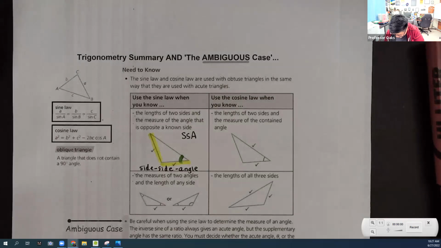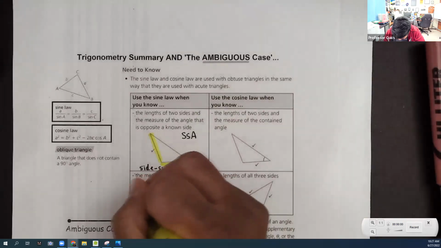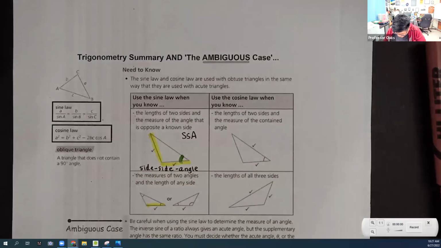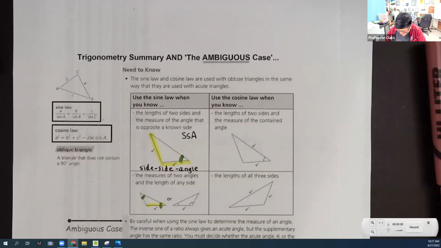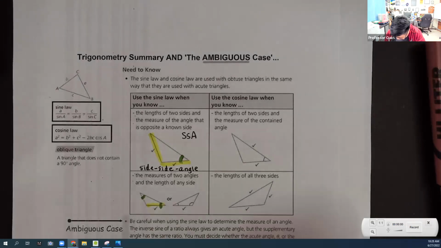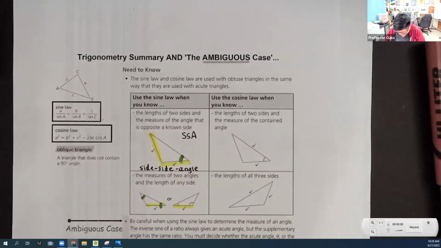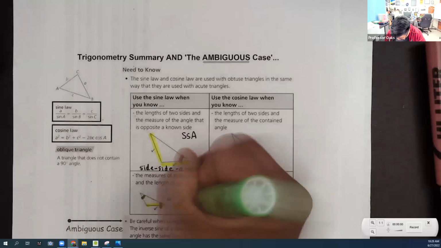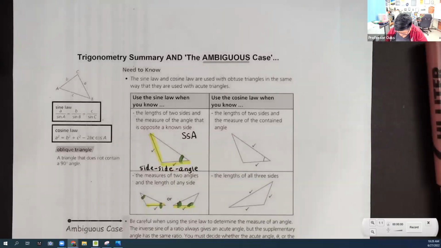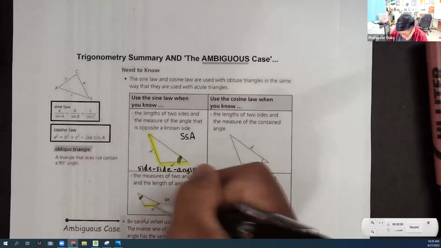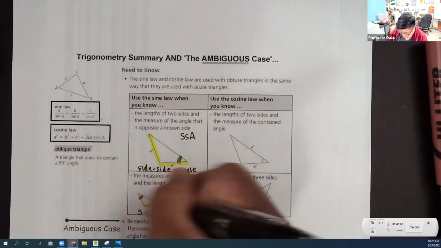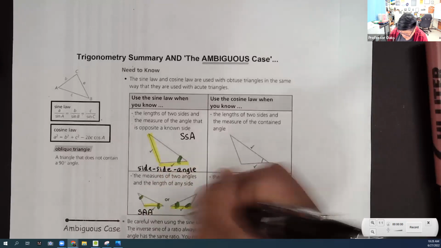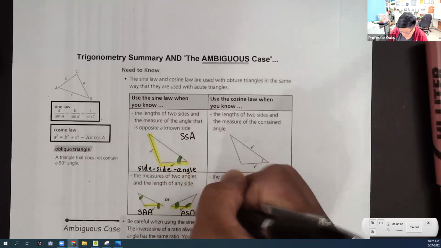Or right here you have a side, then an angle, and then an angle known, or a side and then this angle and this angle known. This is actually what they would call side, angle, angle, or angle, side, angle.